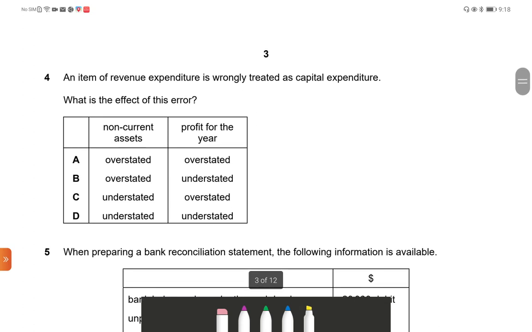Next, question number 4. An item of revenue expenditure is wrongly treated as capital expenditure. It means they have not entered the revenue expenditure, but they have entered capital expenditure.